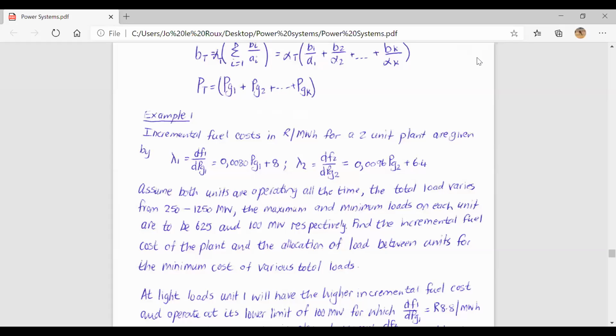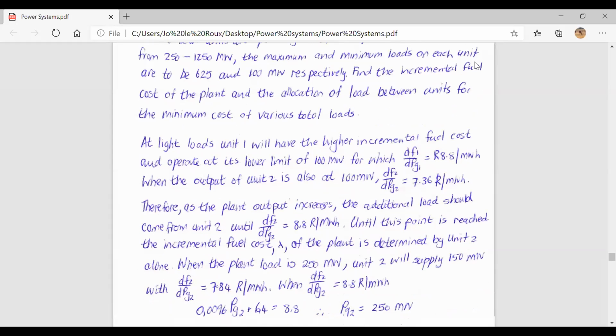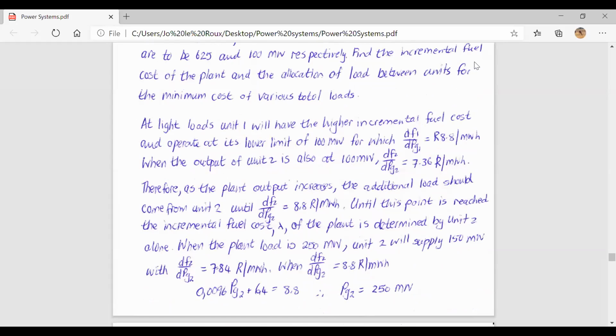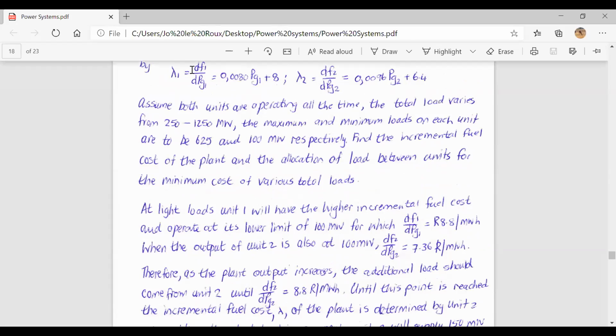Okay, so the data given in the problem is lambda 1 is 0.008 PG1 plus 8, and lambda 2 is 0.0096. Normally, they assume both units are operating all the time.